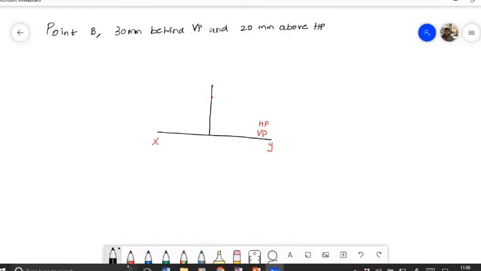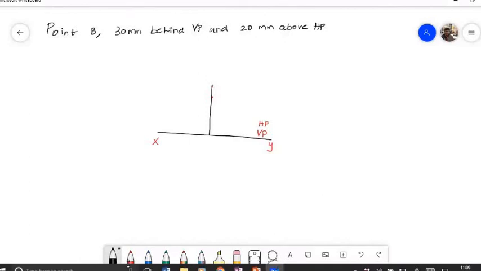So which point represents the front view and which point represents the top view? Can you say that? This point is for 20 mm, this point is for 30 mm. Sir, the below point represents the top view, sir, and the upper point.